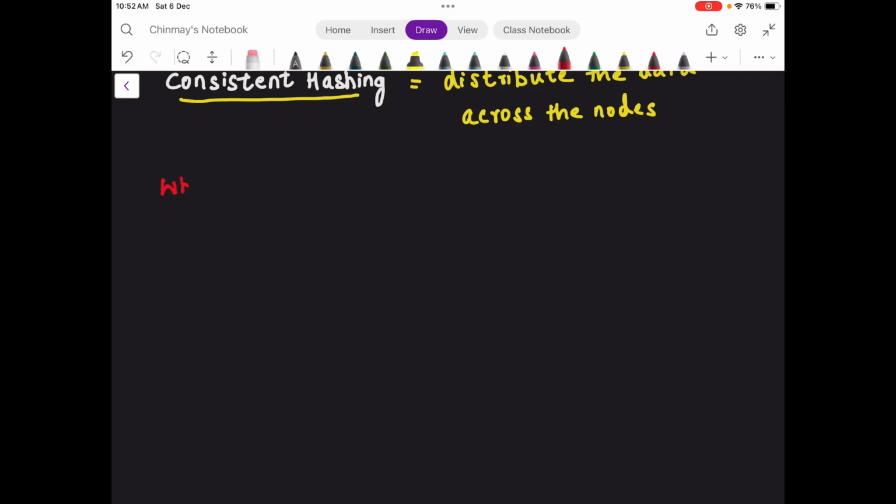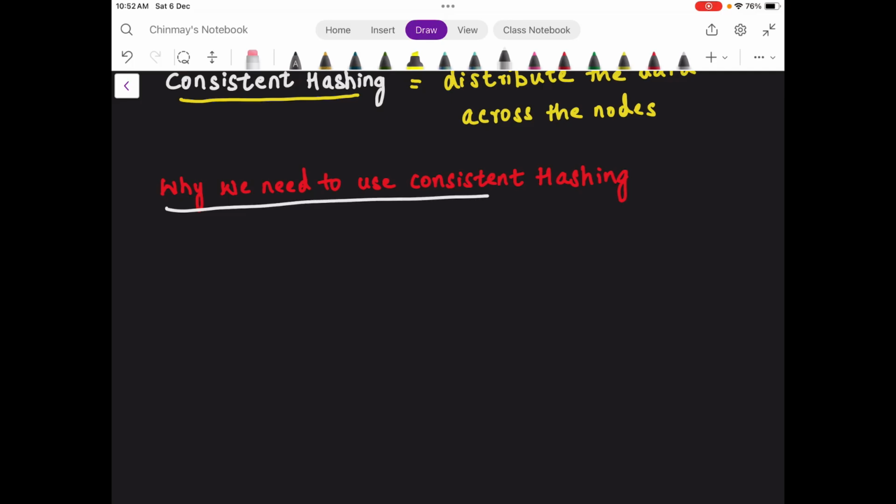Why do we need to use consistent hashing?